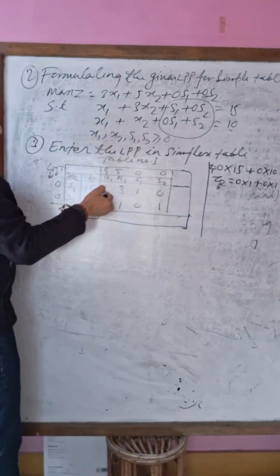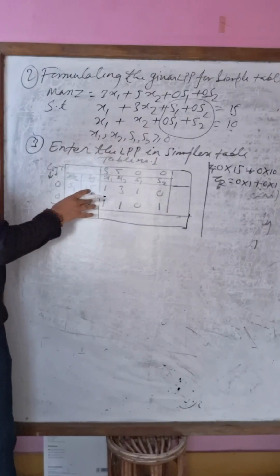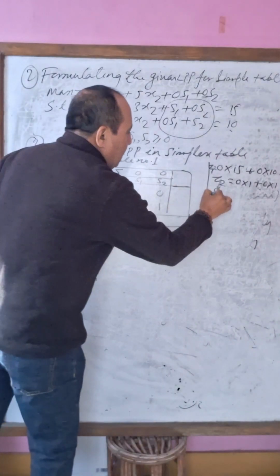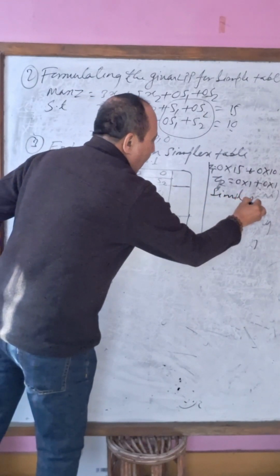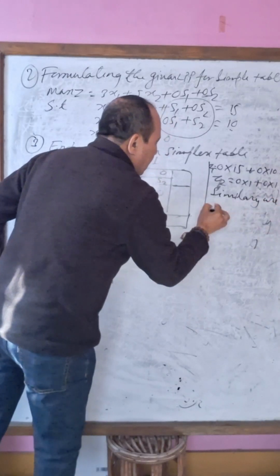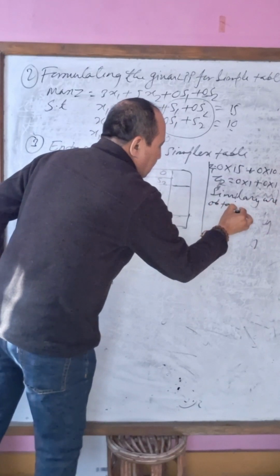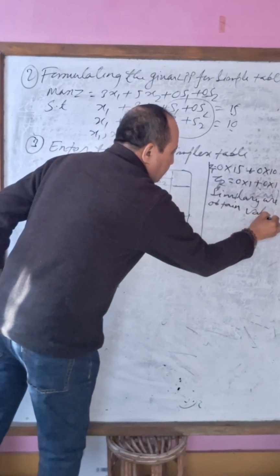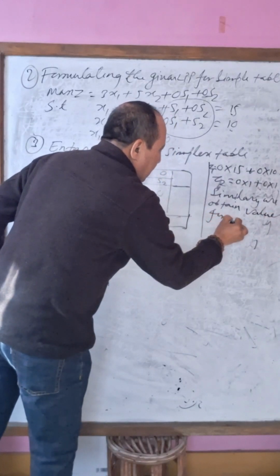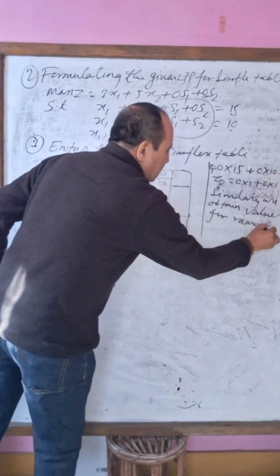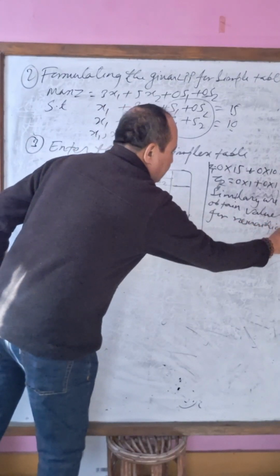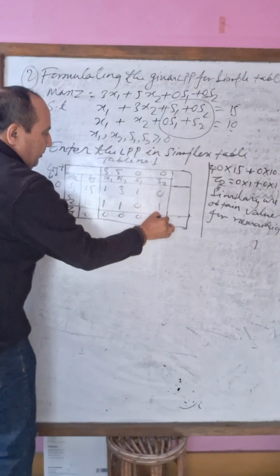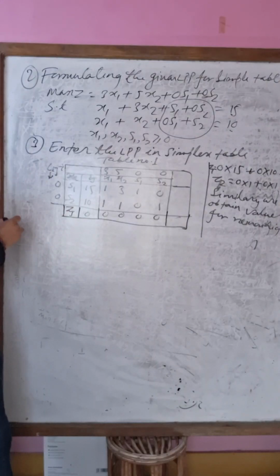You just show the calculation for the first two columns, and then you write the remaining Zj similarly. All values obtained here are 0, because these two values are 0.